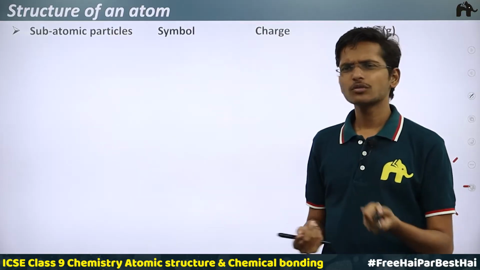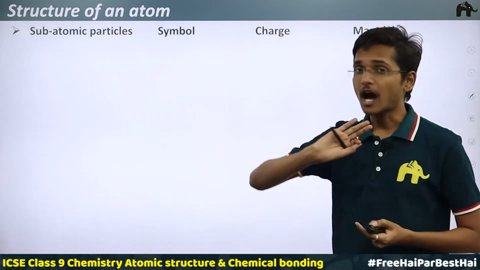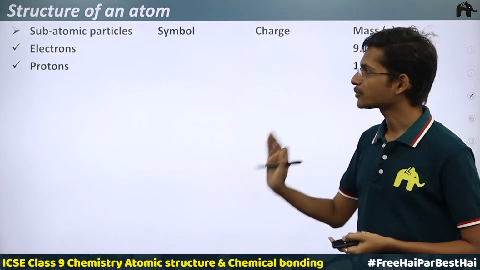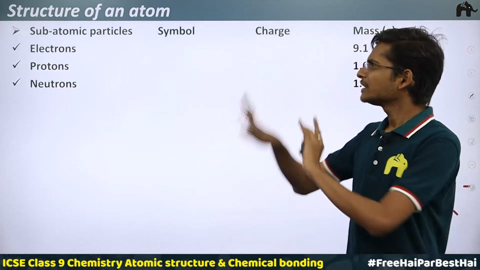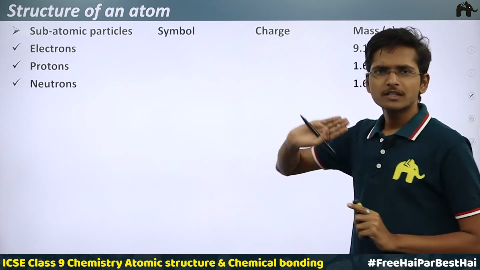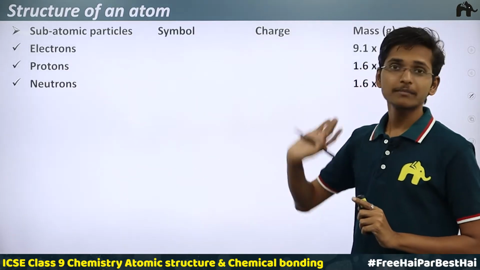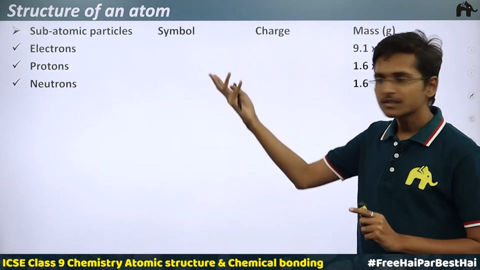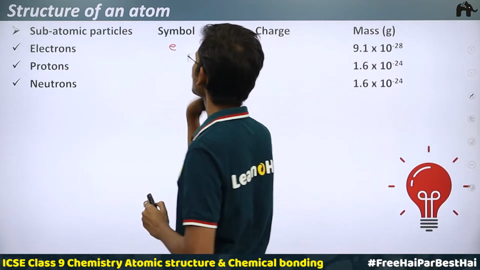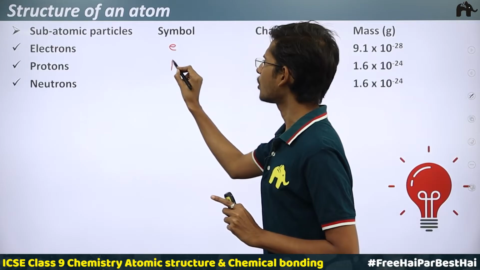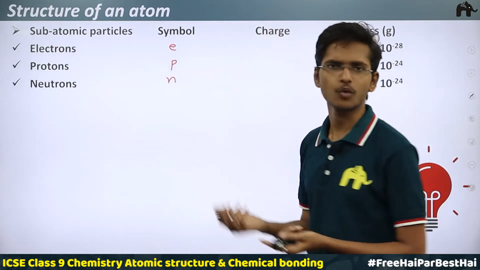These subatomic particles are electrons, protons and neutrons. Now we will see the symbols of these particles and their charge. The electron's symbol is small e, proton is small p, and neutron is small n.